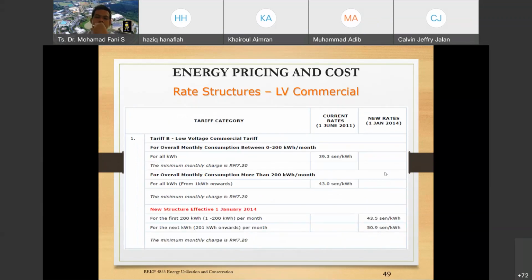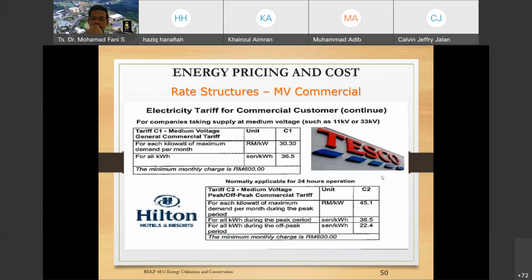This one is low voltage. Okay, this one is C1. Look at how C1 is different from C2. C2 has two kinds of tariff, for peak and off peak, and C1 only has one price for all the kilowatt hour.